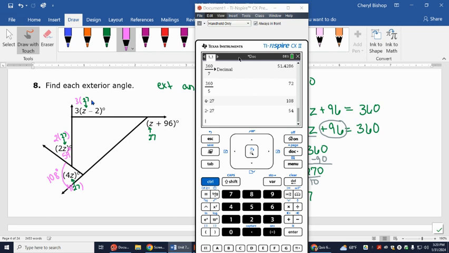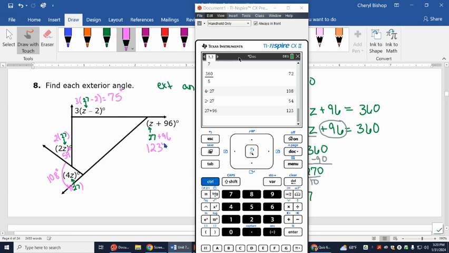This one's going to be 3 times 27 minus 2, so 3 times 25 is 75 degrees. And then this angle is going to be 27 plus 96, so this angle is going to be an obtuse 123 degrees. So my angles are 123, 75, 54, and 108.